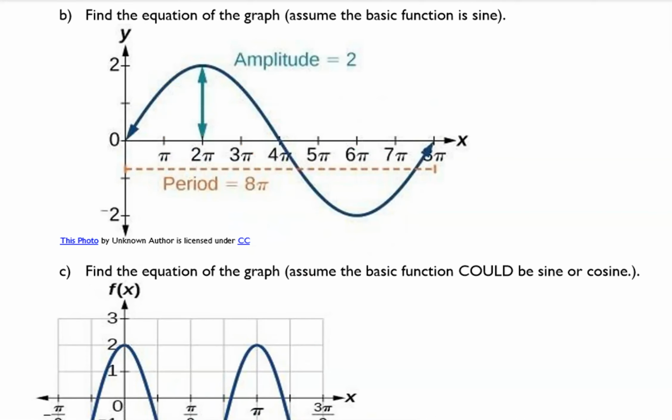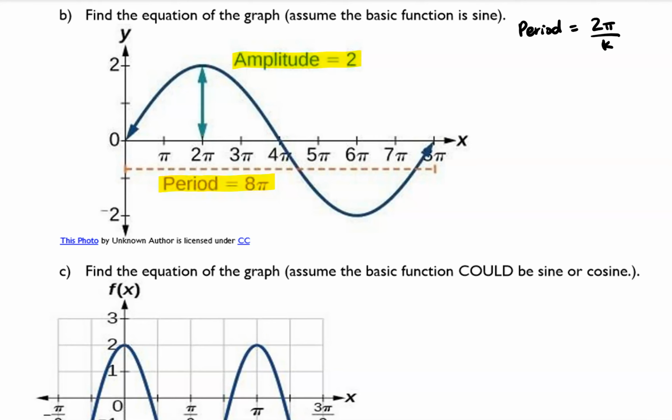All right, so part B says find the equation of the graph, assume the basic function is sine, and we're actually given some information here that is going to be very helpful for us. We know that the amplitude is 2, and we know that the period is 8 pi. Now, when we initially defined the period, we said that the period was equal to 2 pi over k.